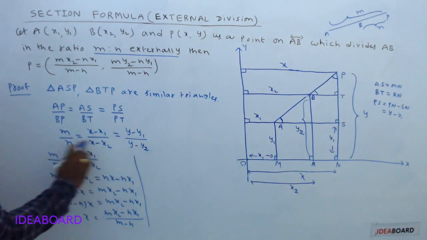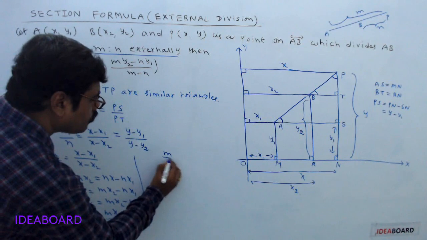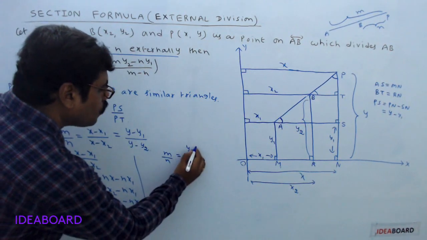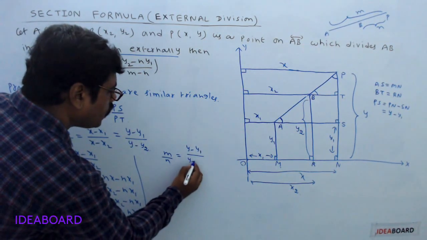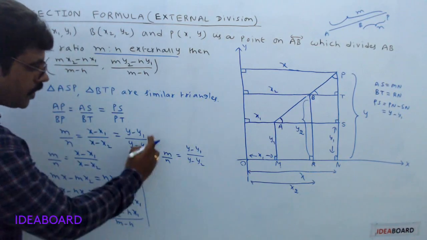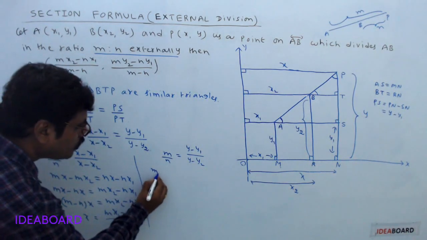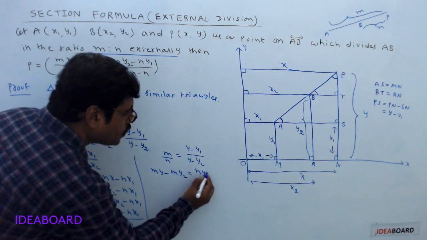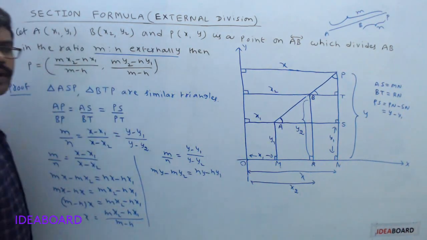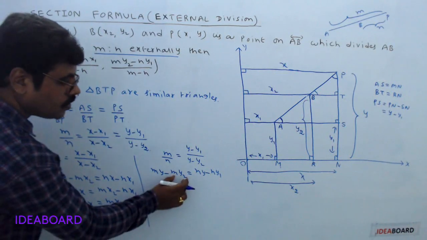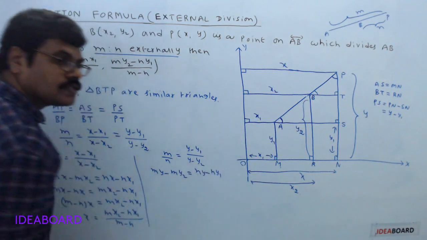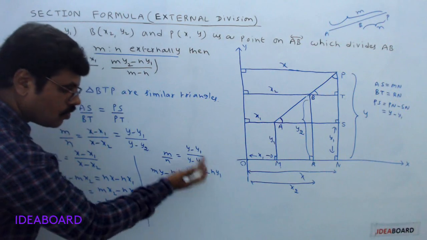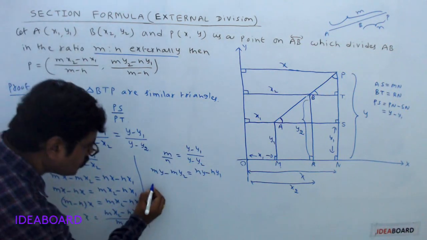Next equating these two, it is m by n equals y minus y1 divided by y minus y2. On cross multiplication, my minus my2 equals ny minus ny1. Now bring this my2 term from LHS to RHS and bring this ny from RHS to LHS.